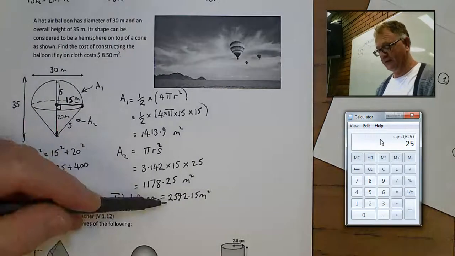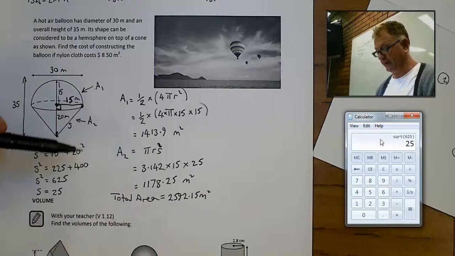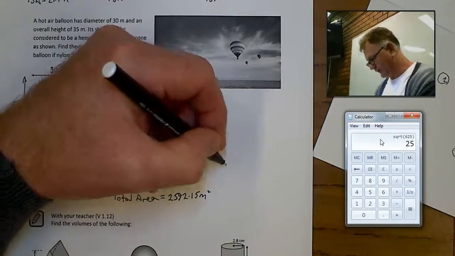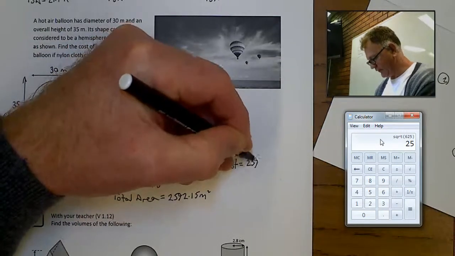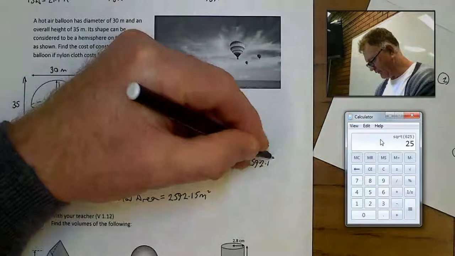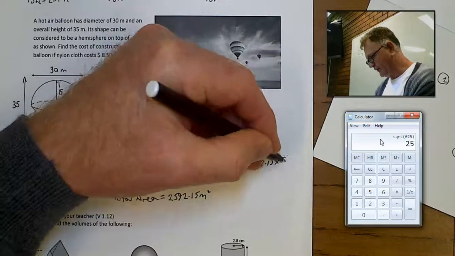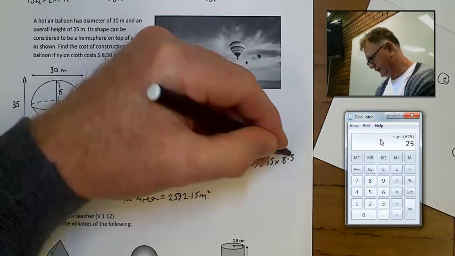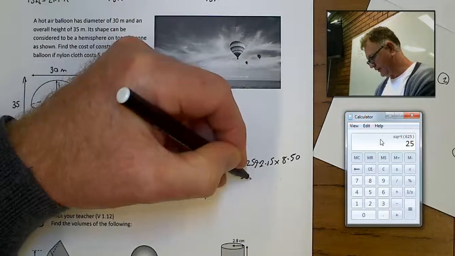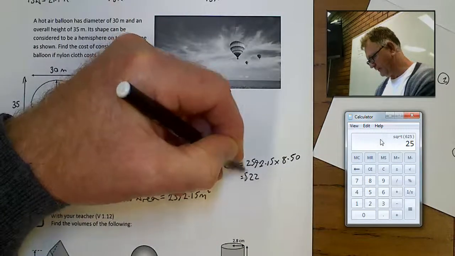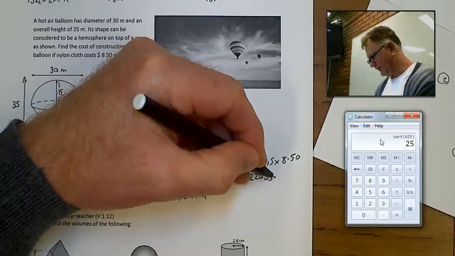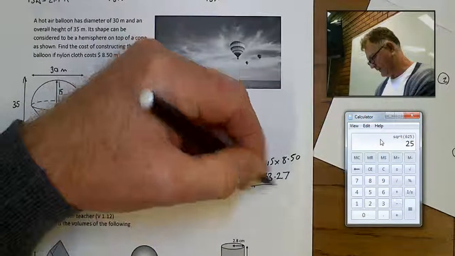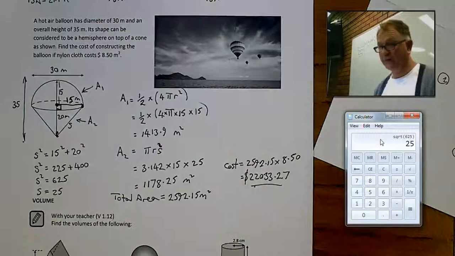We've got 2,592 square metres, so the cost is going to equal 2,592.15 times the price per metre, $8.50 per square metre. Works out to be $22,033.27. Balloons are very expensive.